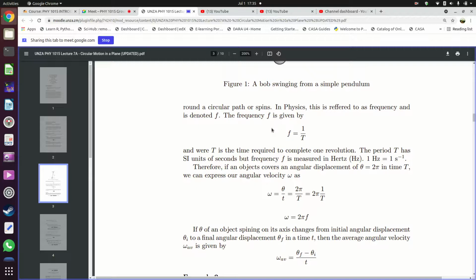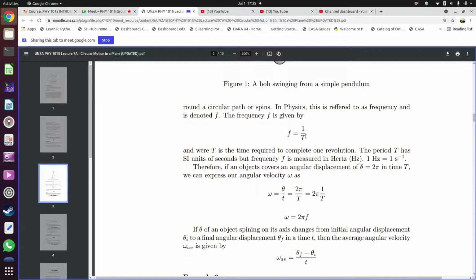How many times do you go around a circle in 1 second? That is frequency. If you go around in a circle once per second, the frequency is 1 hertz. So frequency is the reciprocal of the period. Frequency is equal to 1 over T.